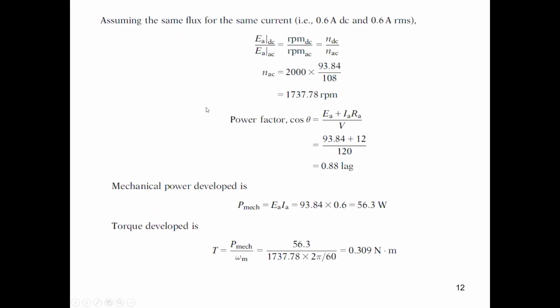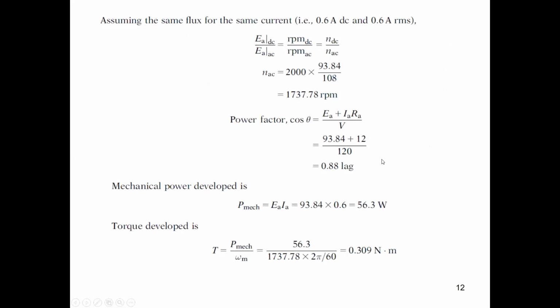So simply, we start with the power factor equal to cosine theta, which is Ea plus Ia Ra divided by V. We calculated the value of Ea and the value of Ia Ra, which is 0.6 multiplied by the 20 ohm resistance, which is 12, divided by the supply voltage. So this is the value of power factor.